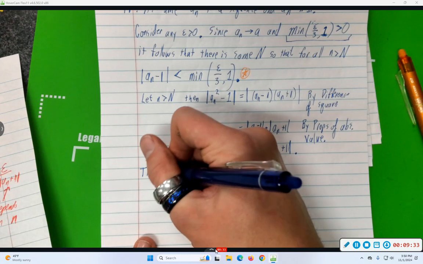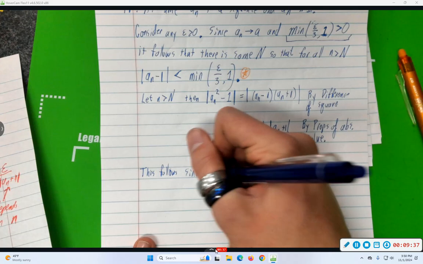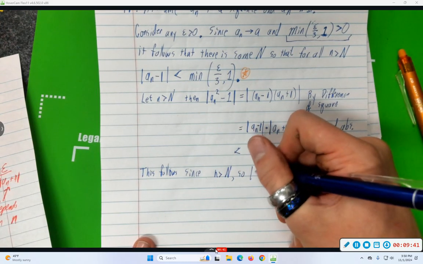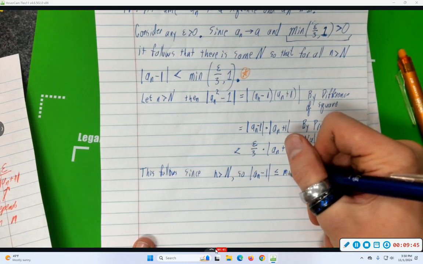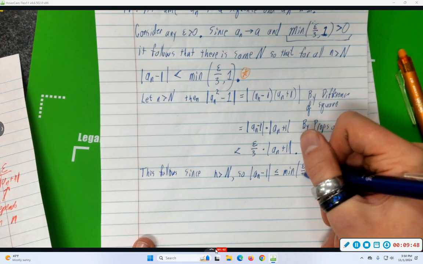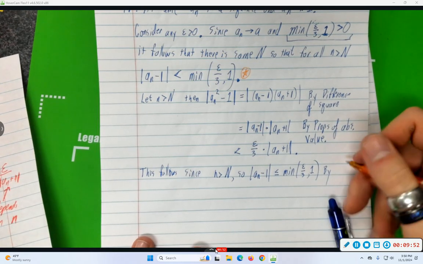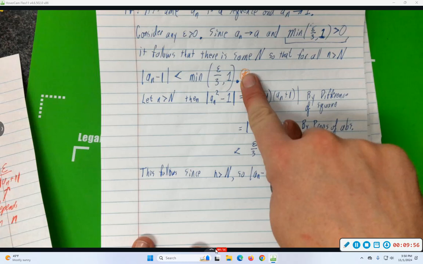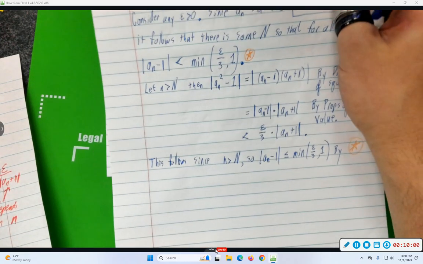This follows since little n is bigger than big N, so the absolute value of a_n minus 1 is less than or equal to min of epsilon over 3, comma 1 by star. That star now lets the reader know that I'm referring to this stuff right here. All right, cool. Let's carry on from there.